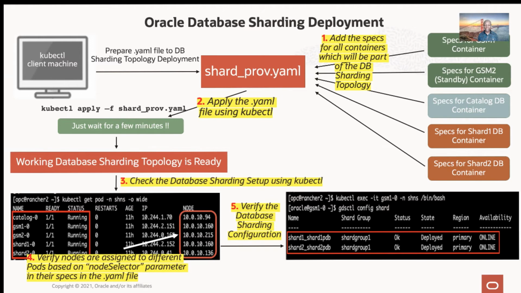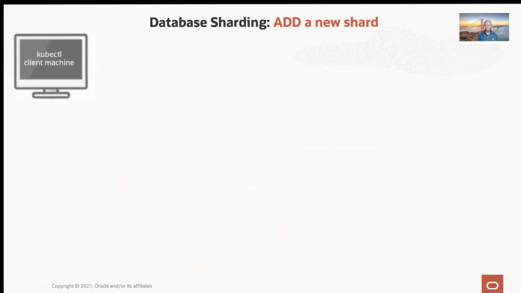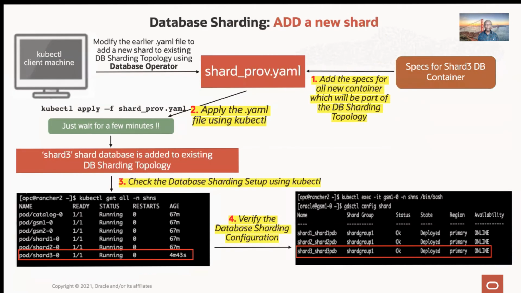Now let's see how to add a shard. We will add a third shard to the cluster. To do that, same pattern, we need to edit the YAML file and add the specification for the third shard, save and apply the YAML file.